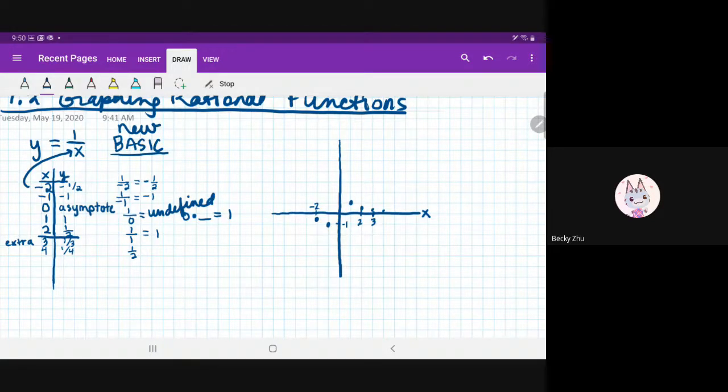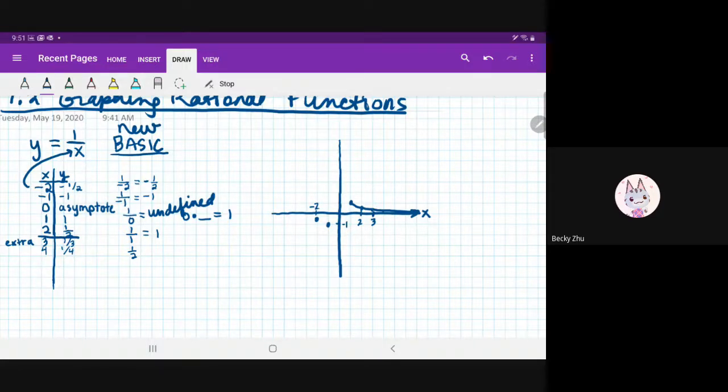So what happens over here, I'm just going to draw this part of the graph right here. What happens to the right is it hugs the x-axis. So actually that's another asymptote. These problems have 2 asymptotes in them. They have an asymptote within the table itself, and then they also have a horizontal asymptote. So it's very interesting what you have. Okay, so that's what that part of the graph looks like.